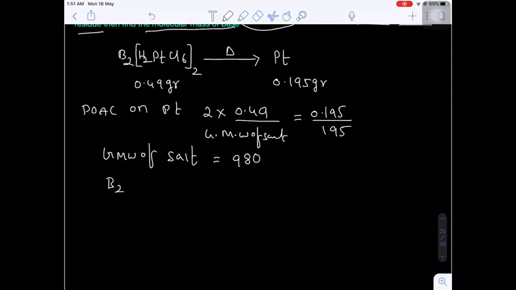Now, in this salt, B2H2PtCl6 whole twice, two bases are there.